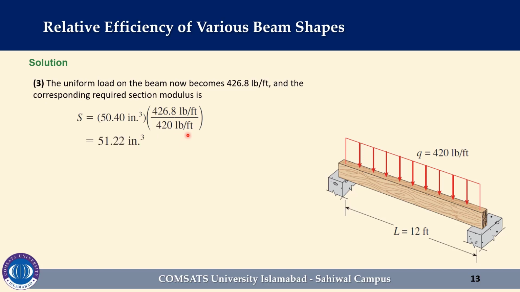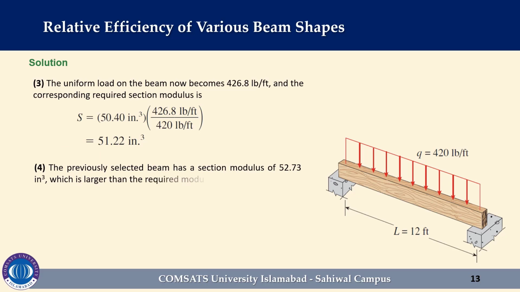Now the section modulus will be 51.22 inch cube. The previously selected beam has a section modulus of 52.73 inch cube, which is larger than the required section modulus of 51.22 inch cube. Therefore, we can say that a 3 × 12 inch beam gives satisfactory results.